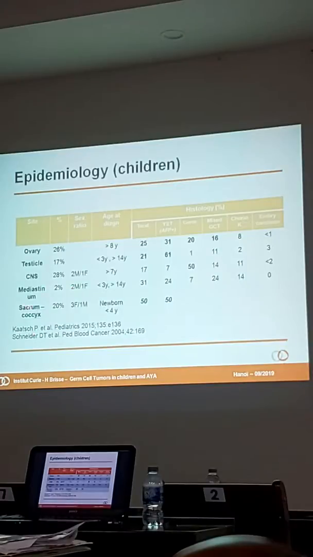And for the sacrococcygeal tumors, you can observe them in newborns, and this is usually benign teratomas, and they can occur also later during early childhood, and this is mainly AFP yolk sac tumors.